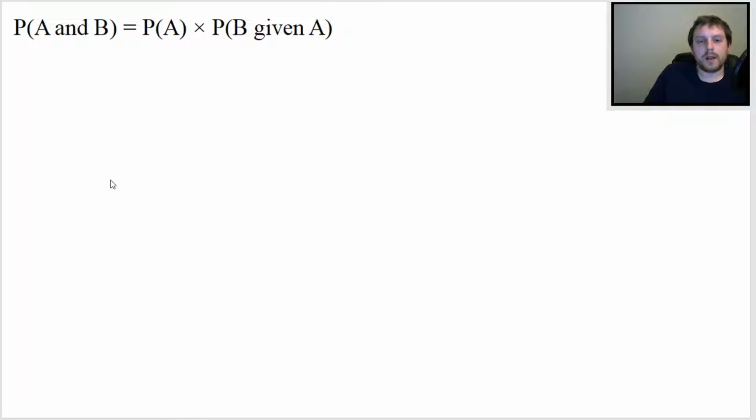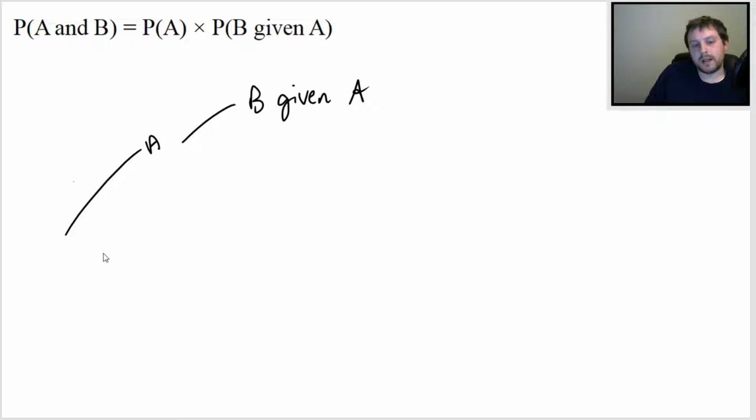Okay, so this is kind of the idea from a probability tree, right? We have A, and this is like B given A. So, here's your probability tree, dot, dot, dot. There's a bunch of other things in the tree, but we might just be interested in this branch and this branch. So we want the event A to happen, and then following that we want B to happen, and we might need to take into account the fact that we know that A has happened, because it could affect the probability of B. It could make it more likely, or it could make it less likely.